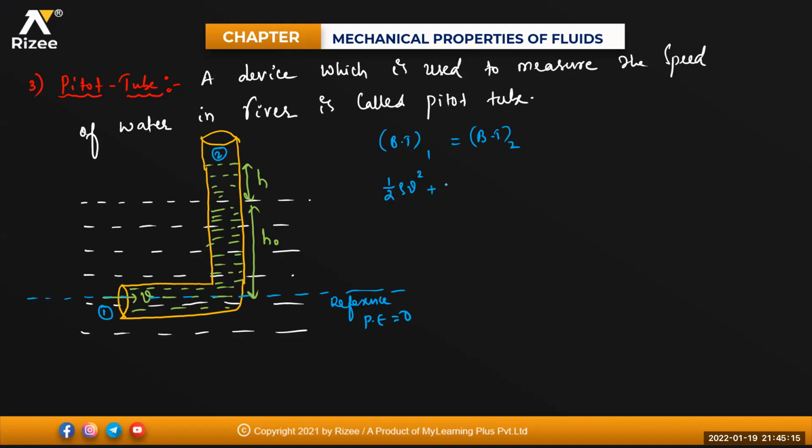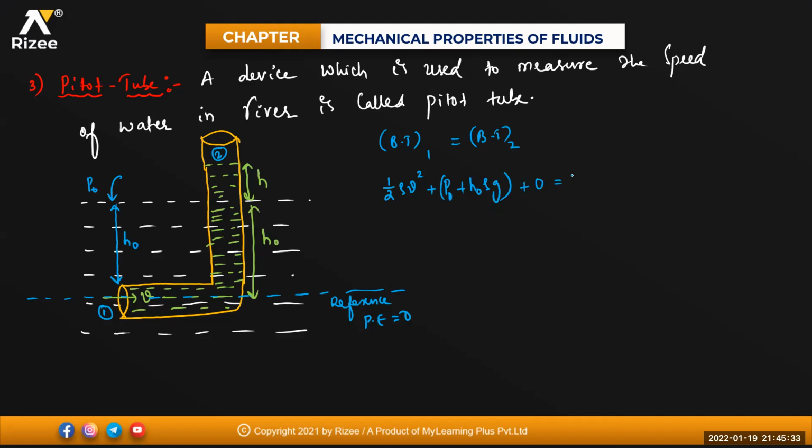Plus, it is open to the atmosphere. This height from here to here will be equal to how much, beta? H naught. That is open to the atmosphere, so it will be P naught. So this will be P naught plus H naught rho g, plus the reference potential energy is 0.